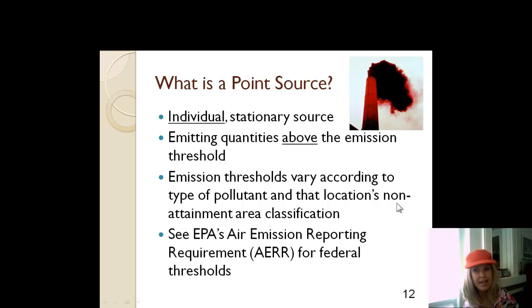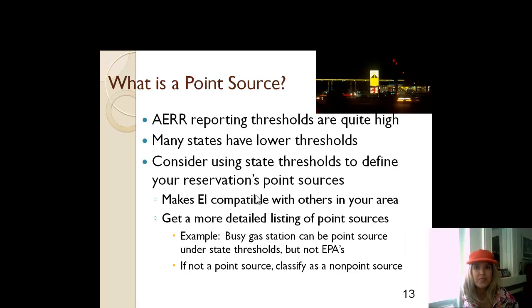If you're in a non-attainment area, there's going to probably be more reporting that EPA wants from a non-attainment area. So EPA has the air emission reporting requirement rules that give thresholds for what is a big enough source to count as a point source.